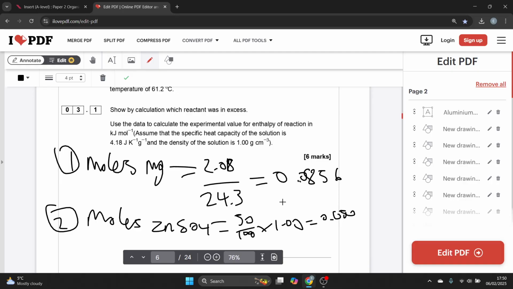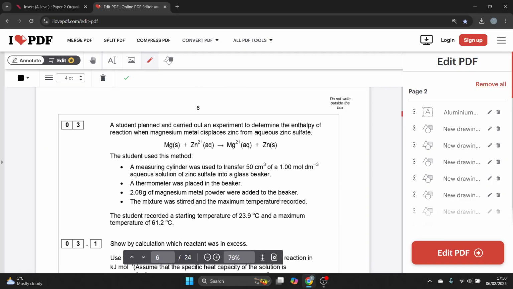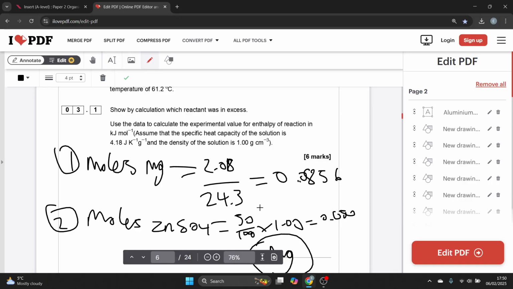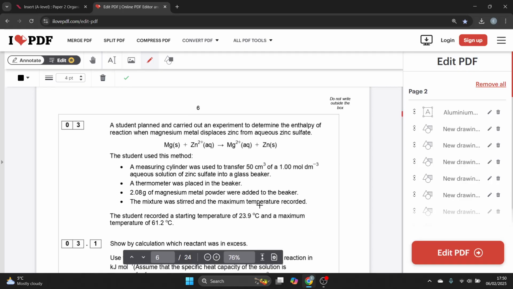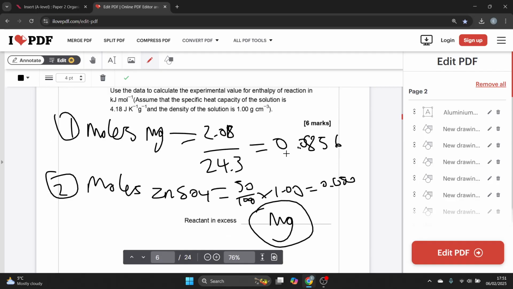So which reactant was in excess? Magnesium. Yeah, clearly magnesium. 0.050, 0.0856.